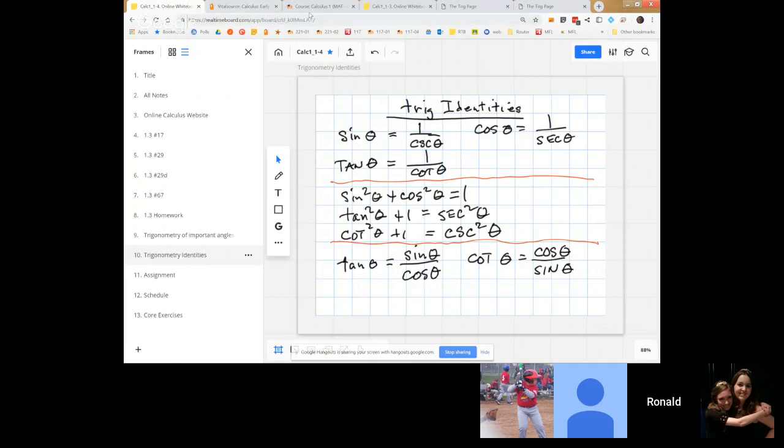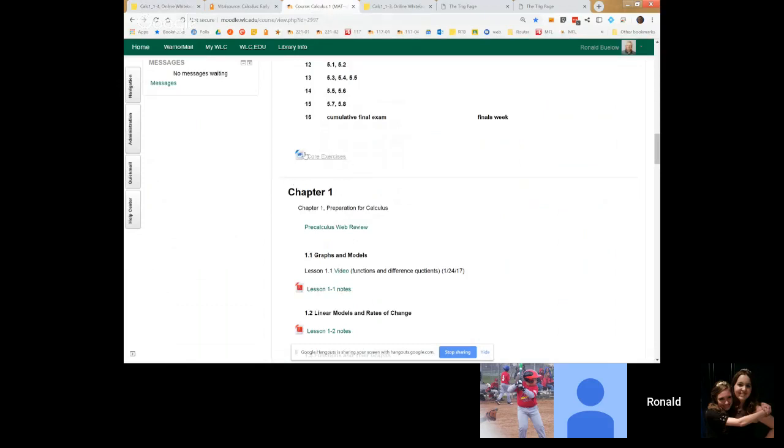If you click on core exercises on the main site, you'll see there's a couple links to the WLC trig review. So I guess technically we don't have any assignments, but you should be looking at the 1-5, because that's what we're going to be doing tomorrow.